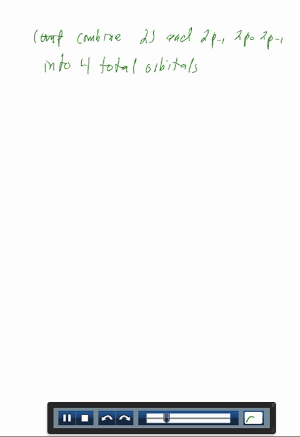And so when we combine orbitals, we have a specific notation. We call this sp3 notation. That just means that we have combined or added together the 2s and all 3 of the 2p orbitals together. So we have the 3, meaning all 3 of the 2p orbitals were included.